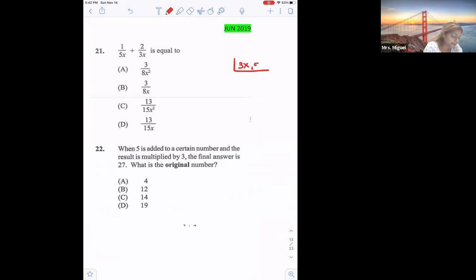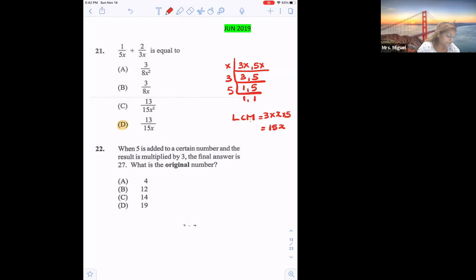All right, this one again: 3x, 5x, x. 3, 5, 3, 1, 5, 5, 1, 1. LCM, 3 by x by 5, 15x. D is the only one with the 15x in the denominator. So D is the answer.